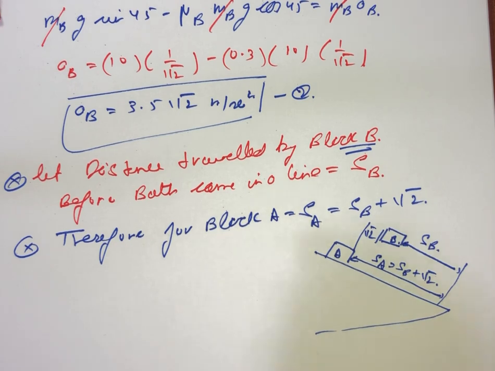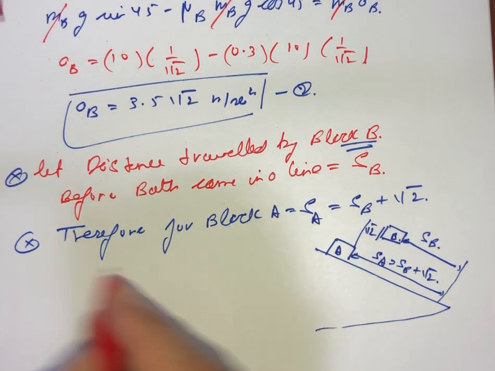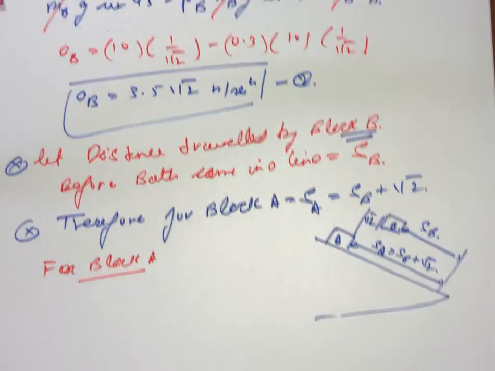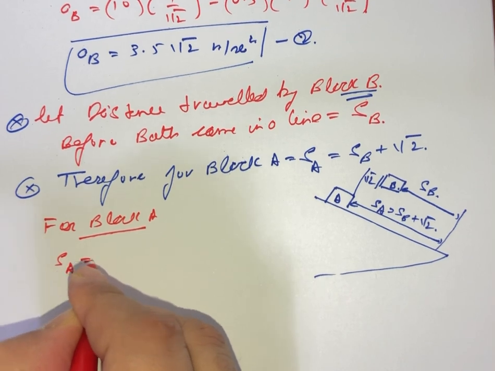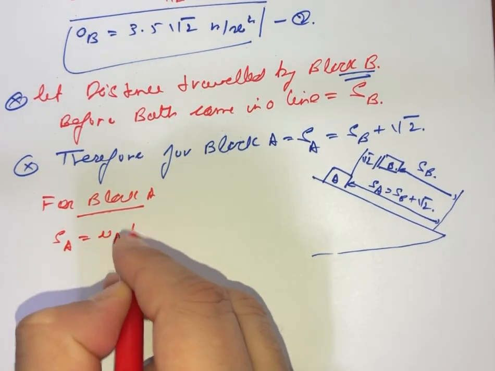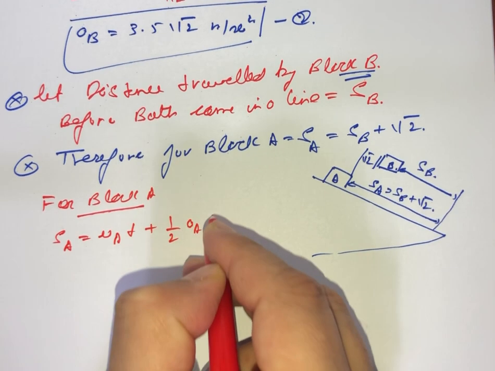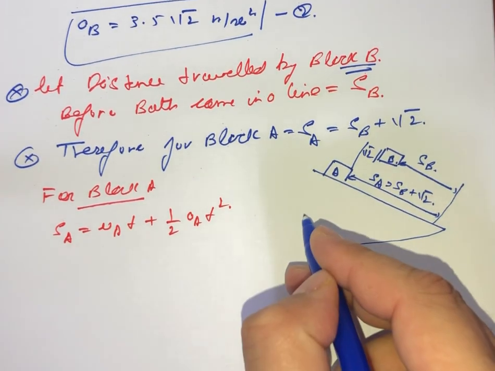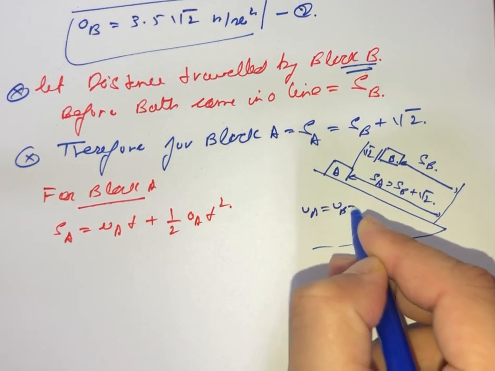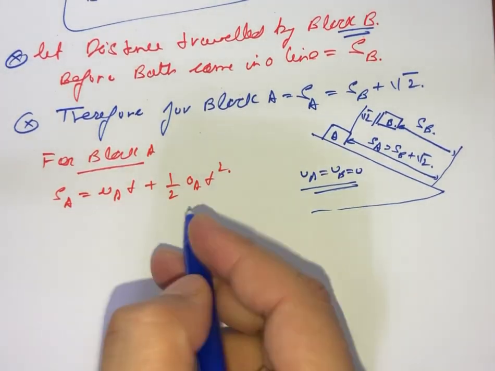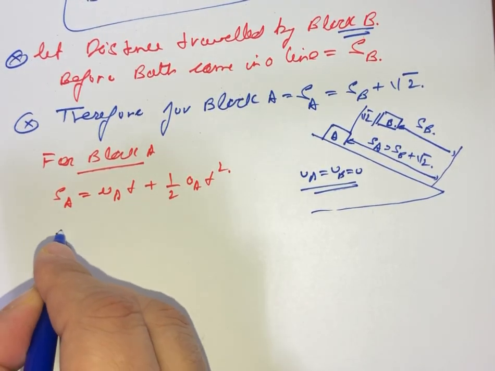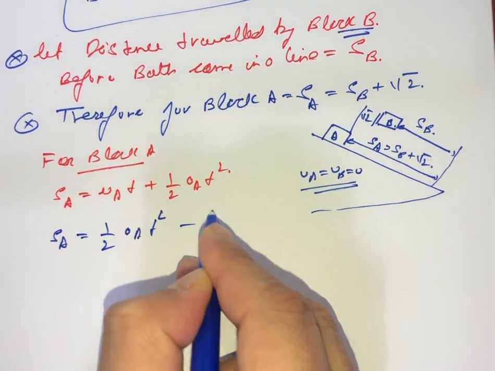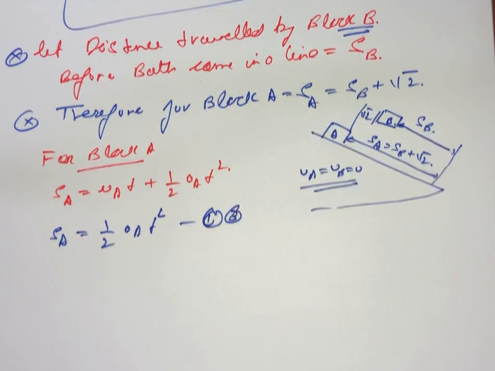And we can write now the equations. For block A, we get SA equal to UA t plus half a t square. Initially both are at rest, so UA is equal to UB is equal to 0. So from here SA will be equal to half a t square. Let this be equation number 3.